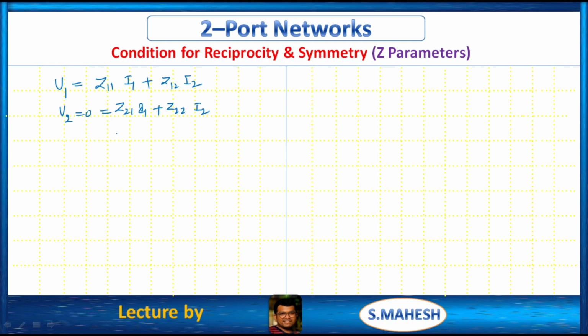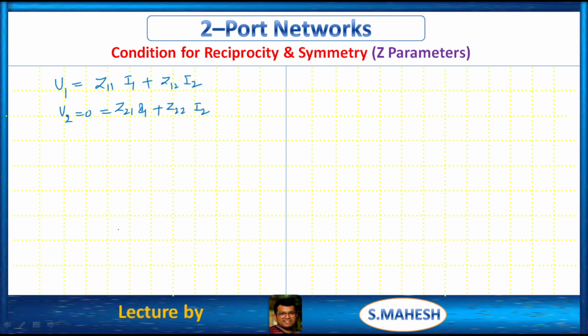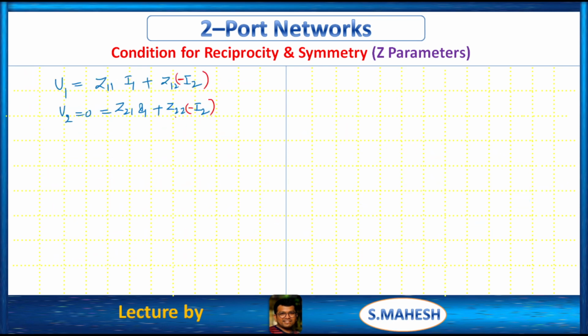So from this V2 is equals to 0, and I2 is minus I2. Finally, we have to get I2 by V1. So from this, we can get the value of I1. Then we can substitute that value of I1 into this equation.